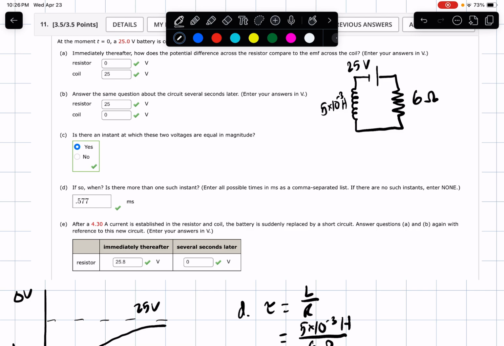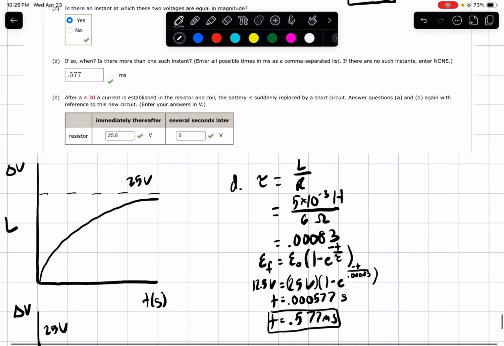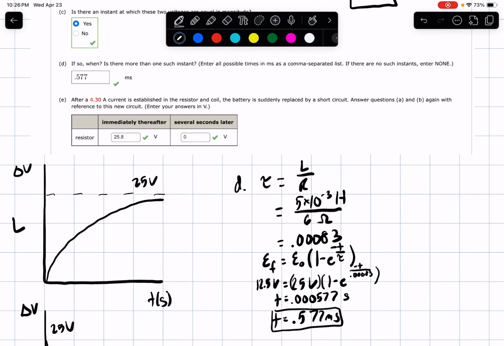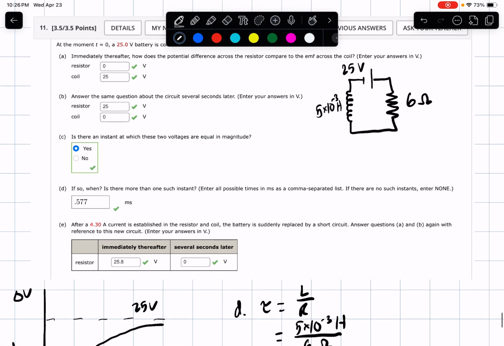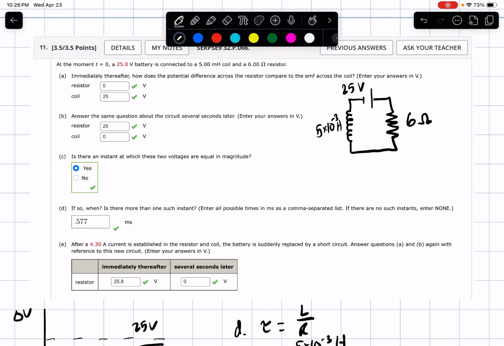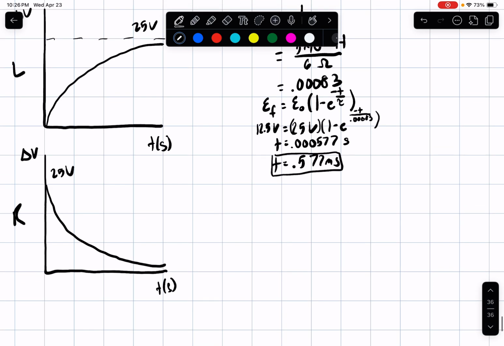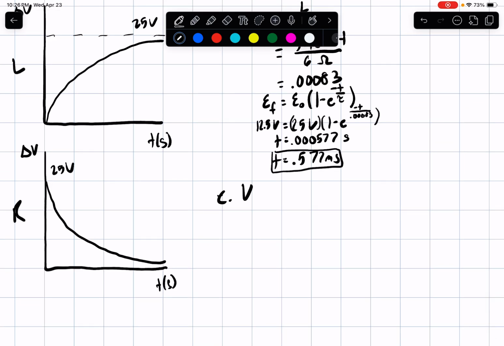So what you do here is, for the resistor, just Ohm's law. You have the current there, and you do have the resistor. And this is immediately thereafter because all of the current is going into the resistor. So, for part E, what's Ohm's law?